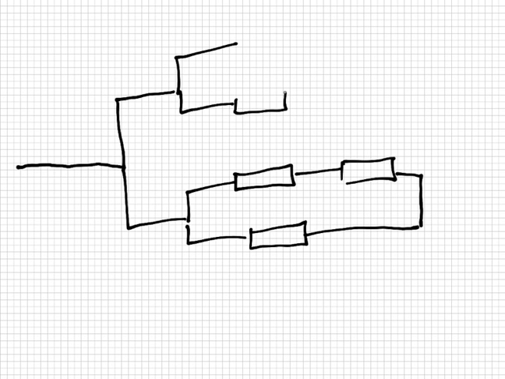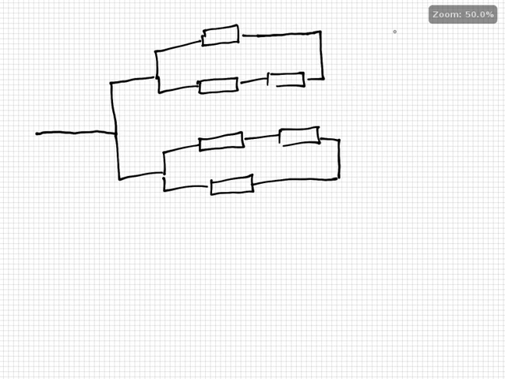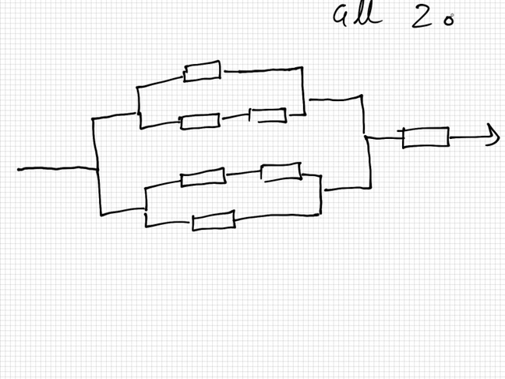And then I have one here, one here. How many do I want to add now? And then the 2 together, and then one more. Yeah, why not? And I'll make it easy. I'll just say they're all 2 ohm resistors. So these are all 2. So I'd like the total.